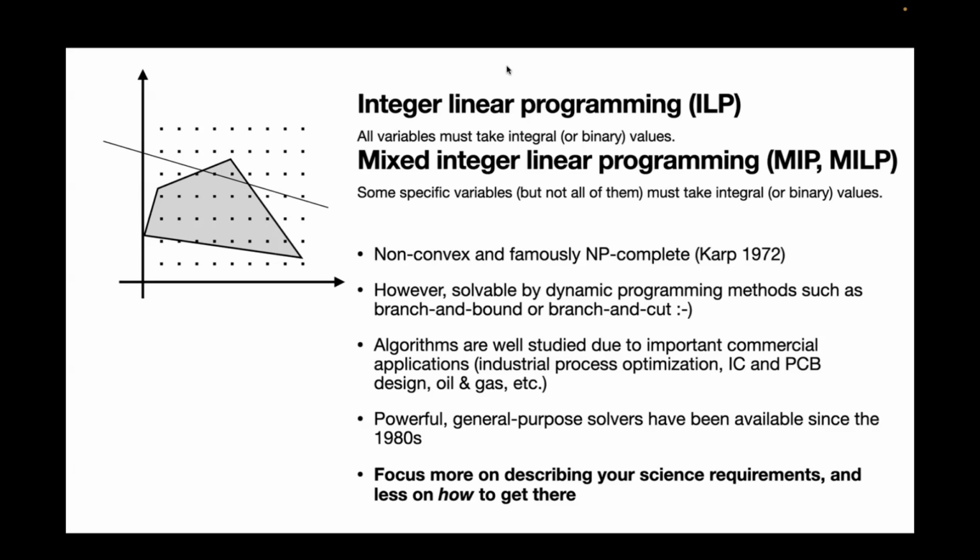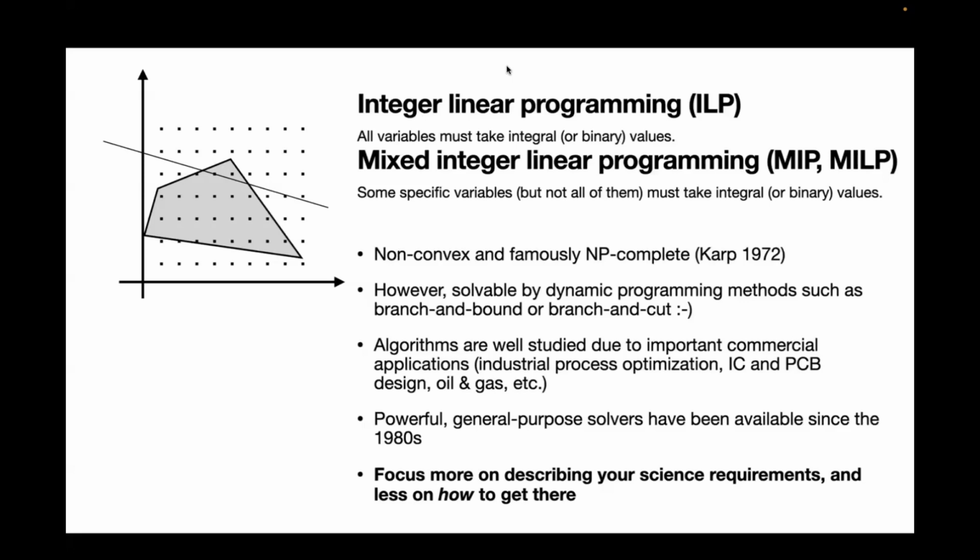However, there are a collection of strategies which go under the heading of dynamic programming that we can use to search all these possible solutions in a relatively efficient way.